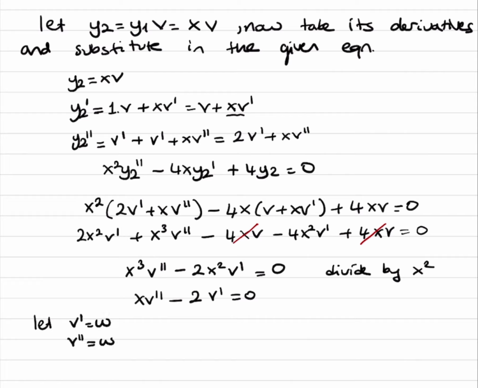And what we have, dw over dx equals 2w over x, and from here we can write dw over w is equal to 2 over x dx, and when we integrate, we will find ln w is equal to 2 ln x, let's say plus c.